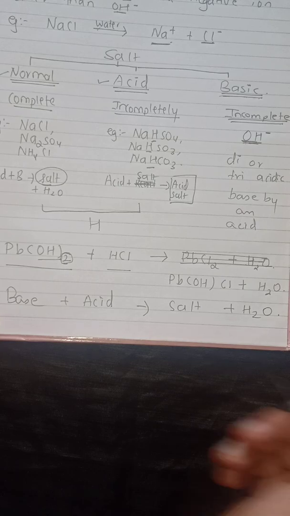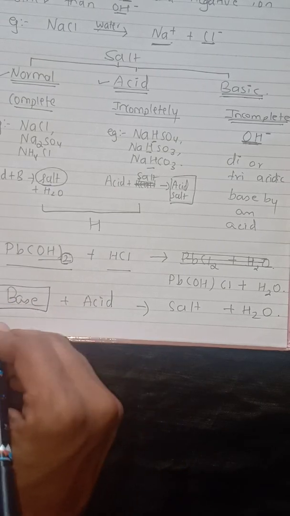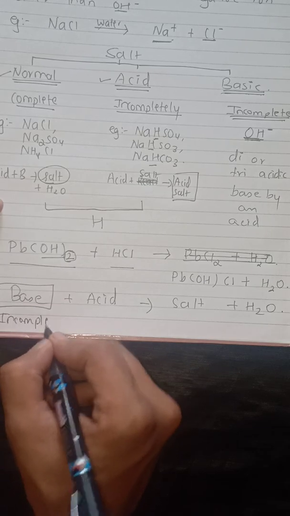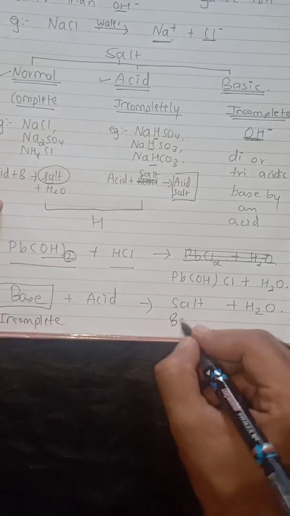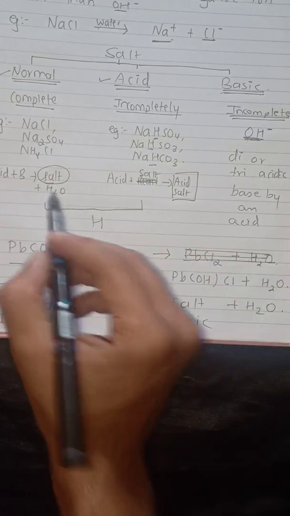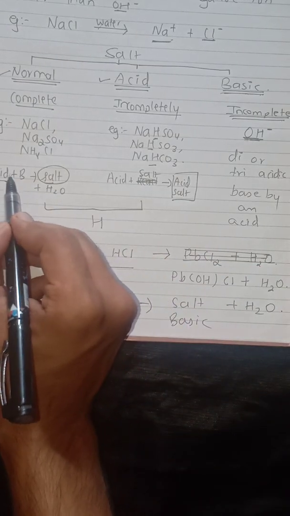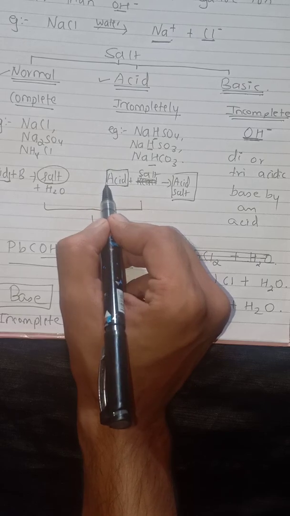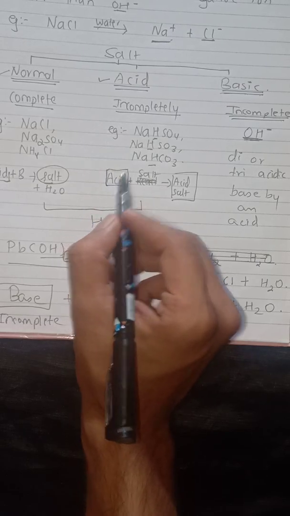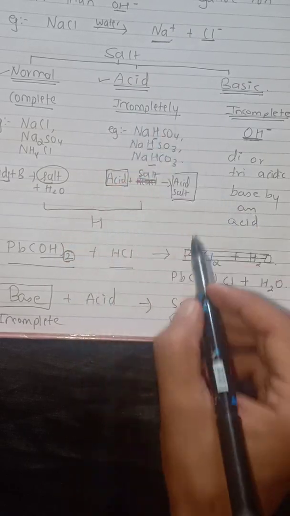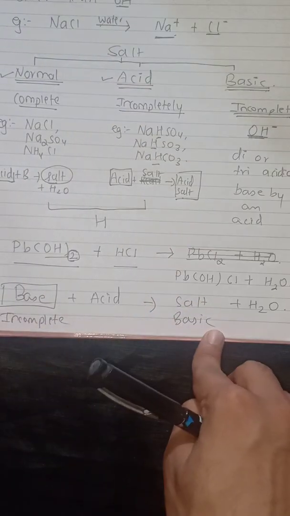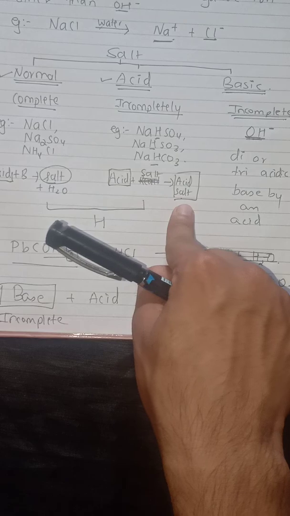When a base is incompletely replaced, it forms a basic salt. When an acid is incompletely replaced, it forms an acid salt. Okay, meaning whenever the base is less, it is a basic salt, and whenever the acid is less, it is an acidic salt.